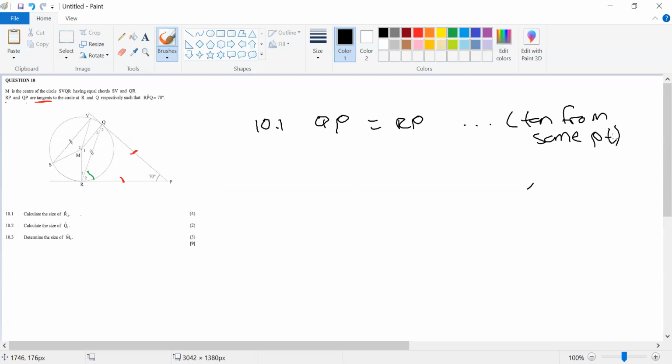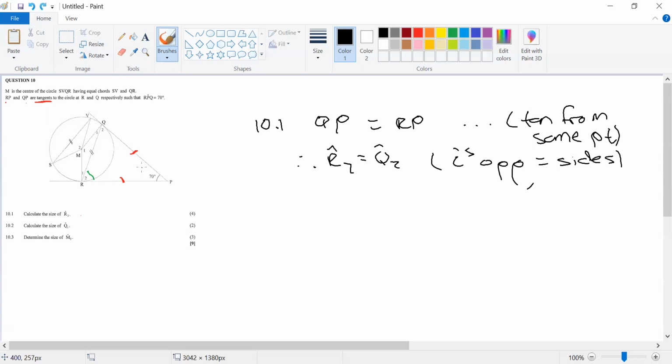Now that I've established that, I can say that therefore angle R2 is equal to angle Q2, because they are angles opposite equal sides. Now the last thing we have to do is notice that these two angles and the angle I do know are found within the same triangle.